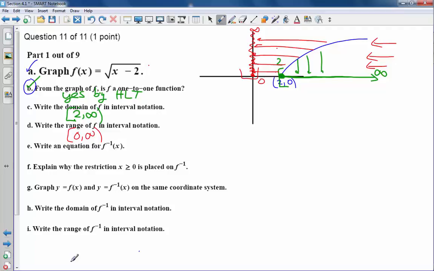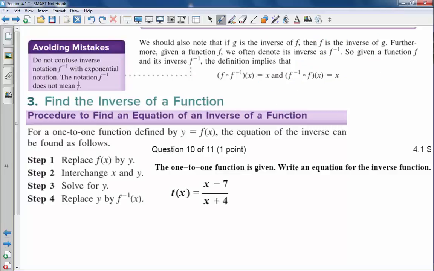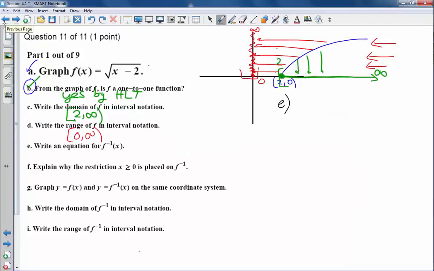All right, here comes the algebra part. Find f inverse. Find its formula. Part B requires some steps, those 4 steps from yesterday. First off, we change f of x to y. So where is f of x? Here. I call it y. What do we do next?